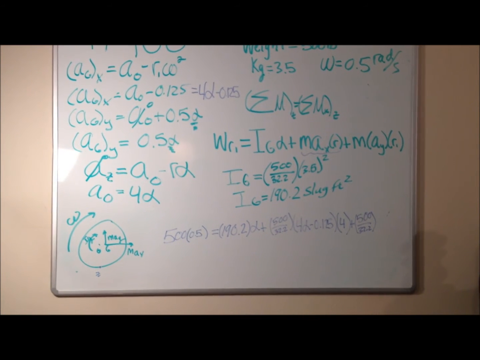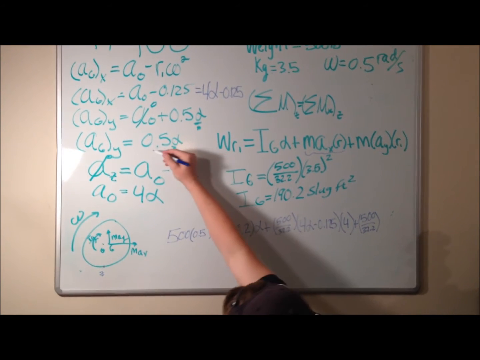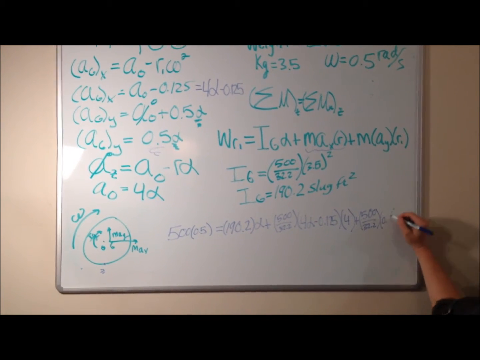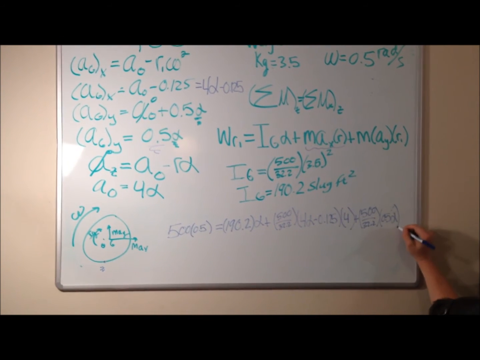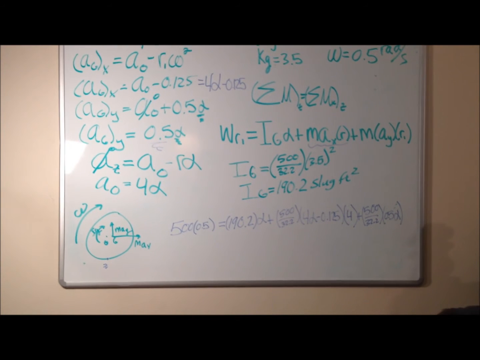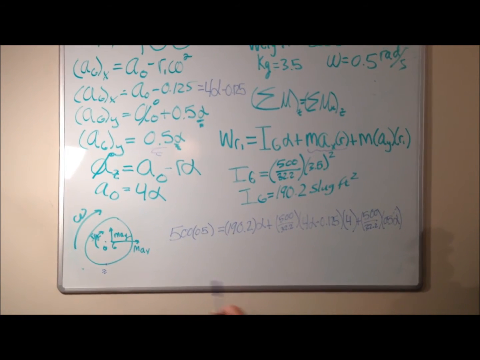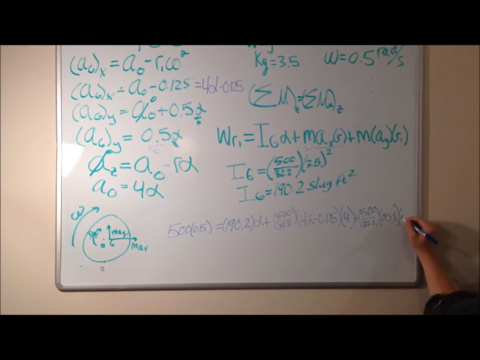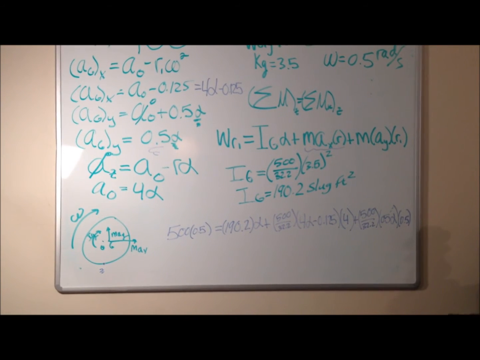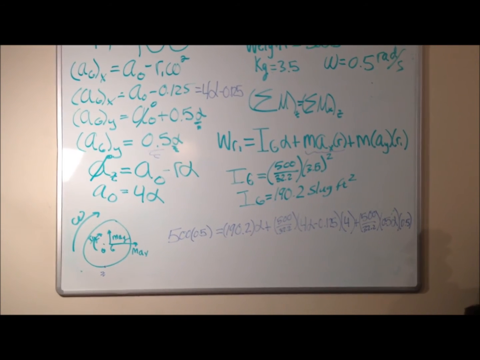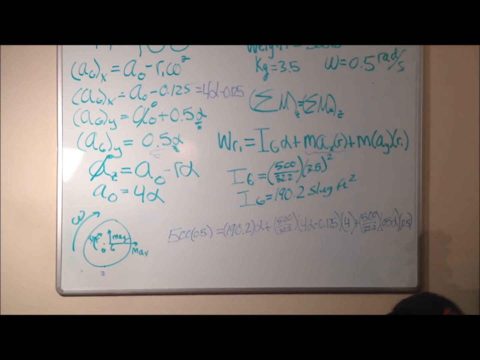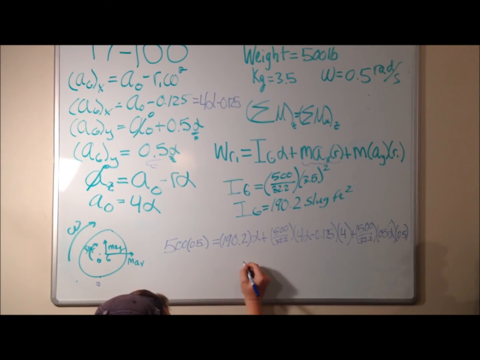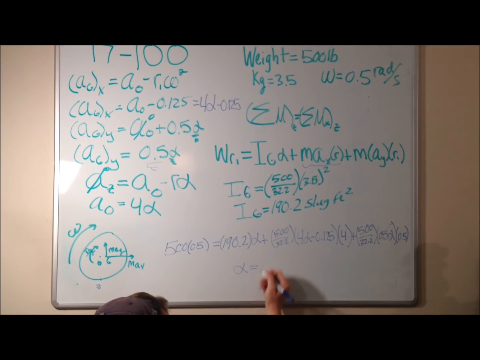And then we're going to write our acceleration how we did before, which is 0.5 alpha. And then we're looking for R1, the horizontal distance of G to Z, and that turns out to be 0.5. Okay, so now it's just an easy case of solving for alpha. I'm not going to go into explicit detail, but when you punch it all out and you get alpha, you get 0.5.